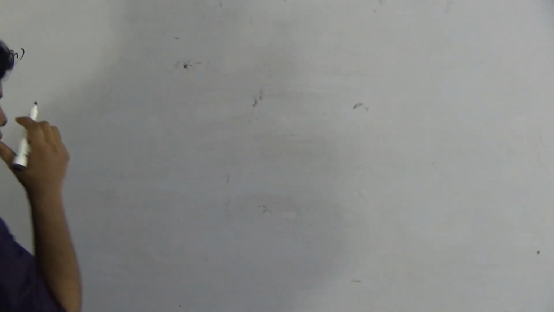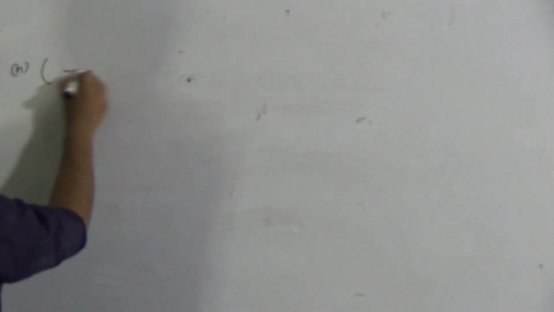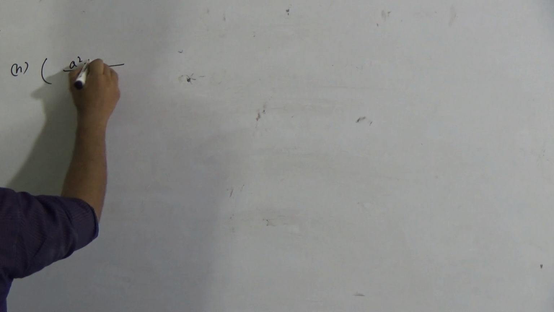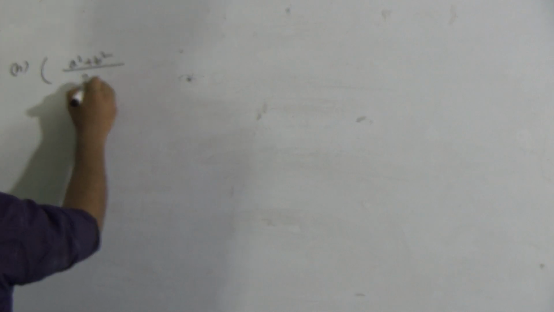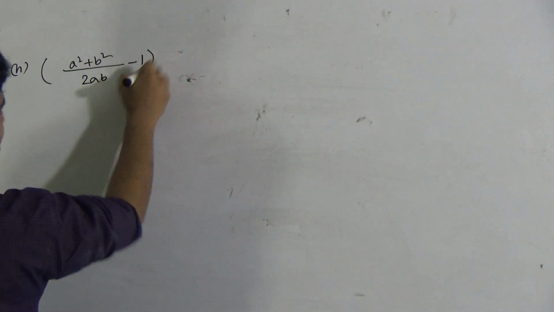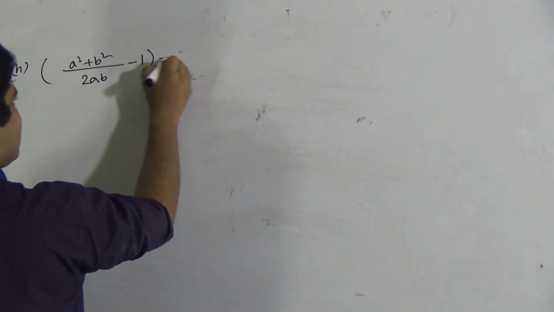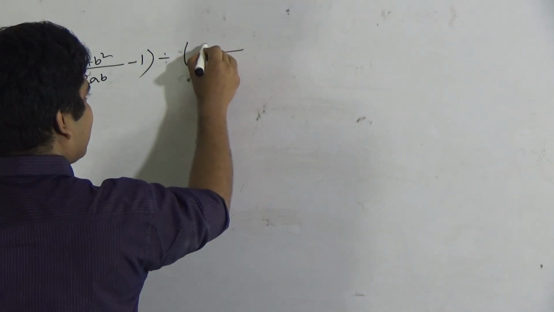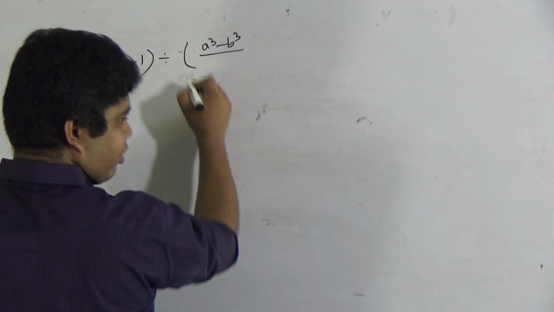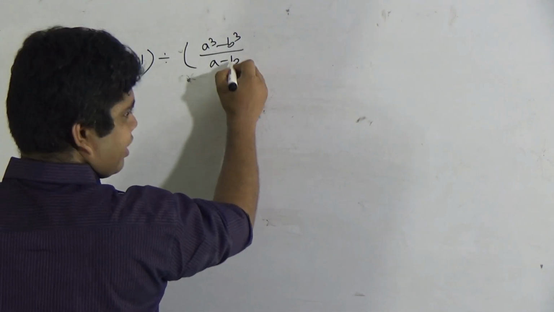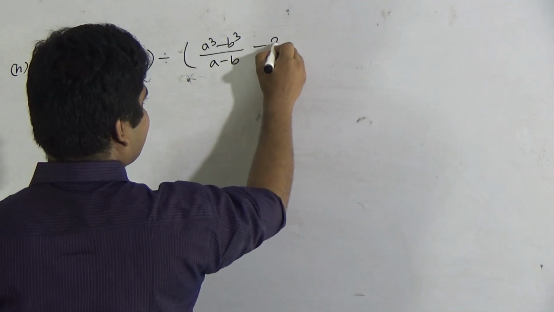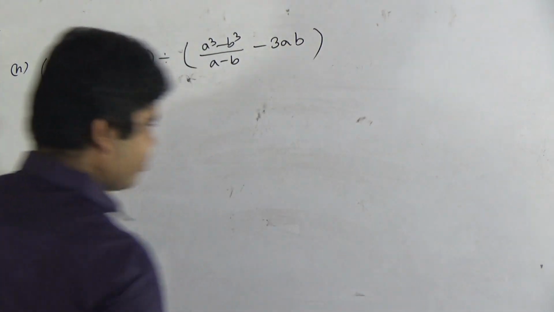H is (a² + b²) by 2ab minus 1, divided by (a³ − b³) by (a − b) minus 3ab.